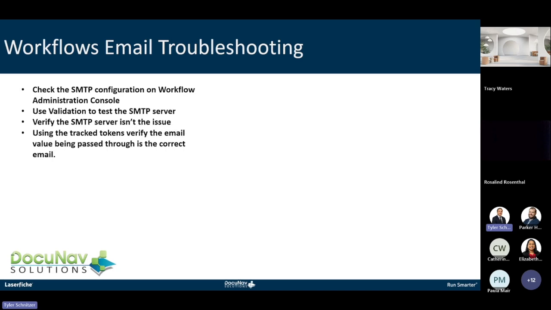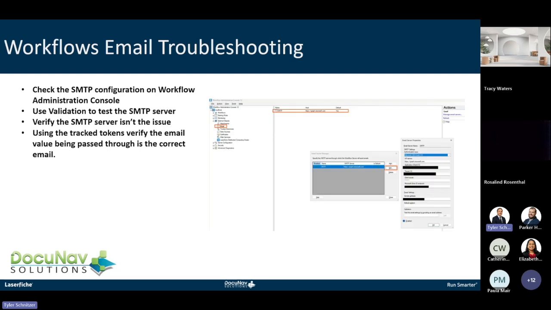That means there has to be some sort of third-party server, like an SMTP server that will probably be managed by your IT team, that workflow would have to be configured to. And you can check on the status of that using the Workflow Administration Console, which I mentioned before, that will be located on your workflow server.